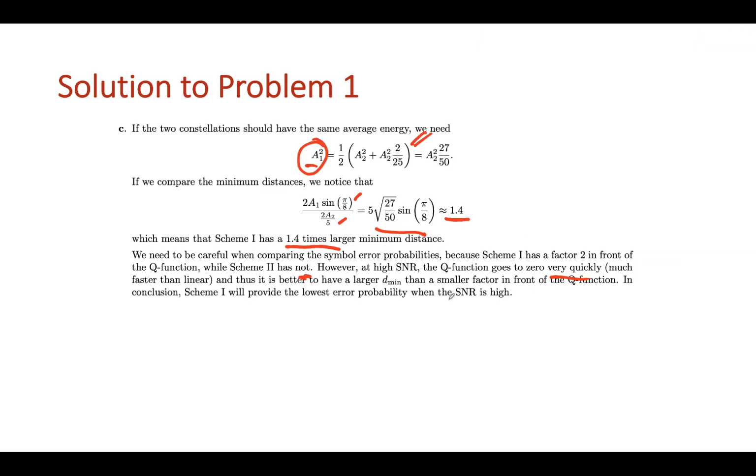So you are basically comparing the arguments of the Q functions, and then you can say that scheme 1 will provide the lowest error probability when the SNR is high, because scheme 1 has a larger d_min compared to scheme 2. Okay, so that is how you can compare.